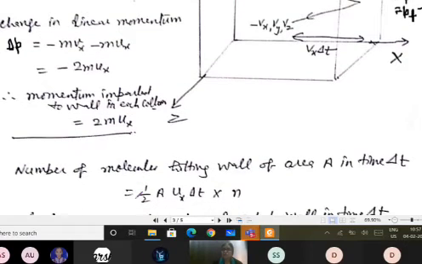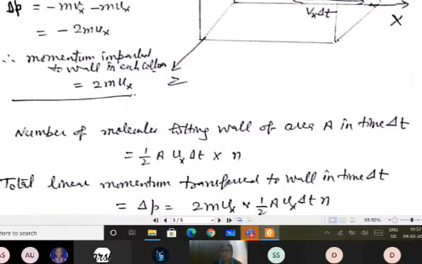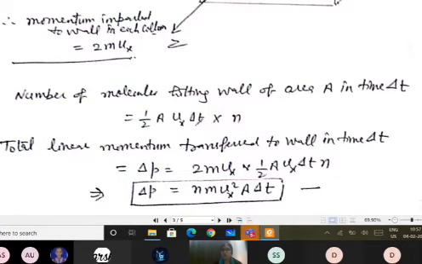And if we assume the number of molecules hitting the area A in time delta t, we are of course taking the average of that number. So it will be half of A Vx delta t into the number of molecules per unit volume, small n.